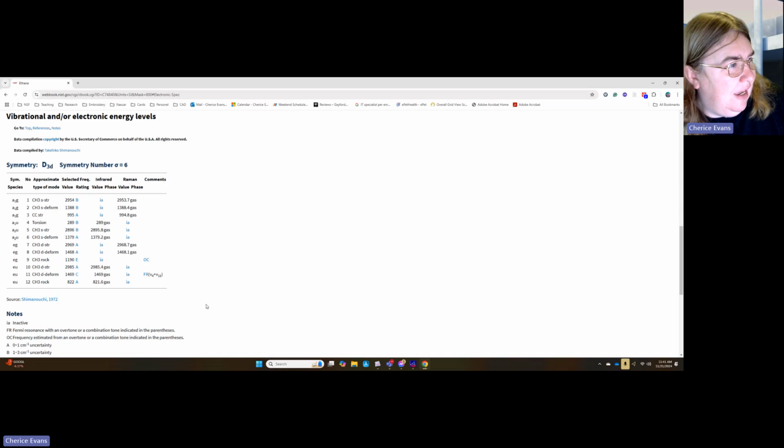For ethane, it's C2H6, so it's got 8 nuclei, and it's nonlinear. So that means I should have, in terms of vibrational modes, 3 times 8 is 24, minus 6 is 18.